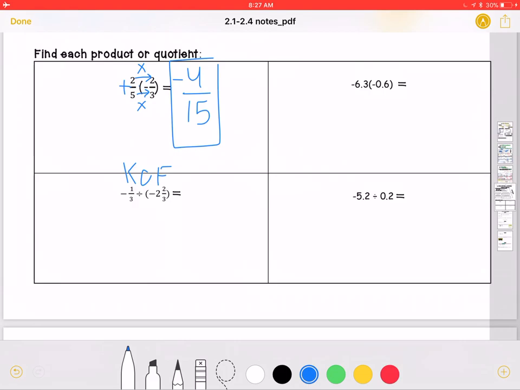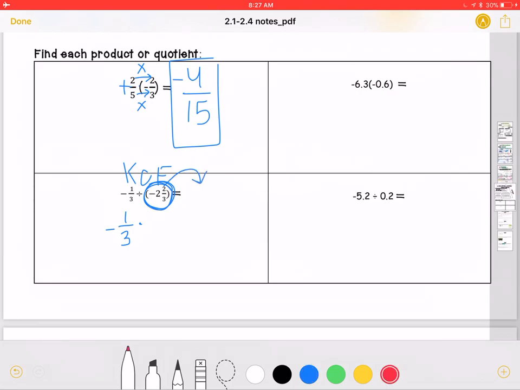Right now it's a negative 1/3. We're going to keep it a negative 1/3. We change division to multiplication. Now we want to flip this fraction, but first, right now it's a mixed number. I can't flip it that way. You need to make it improper and then flip that. So let's change this to an improper fraction.